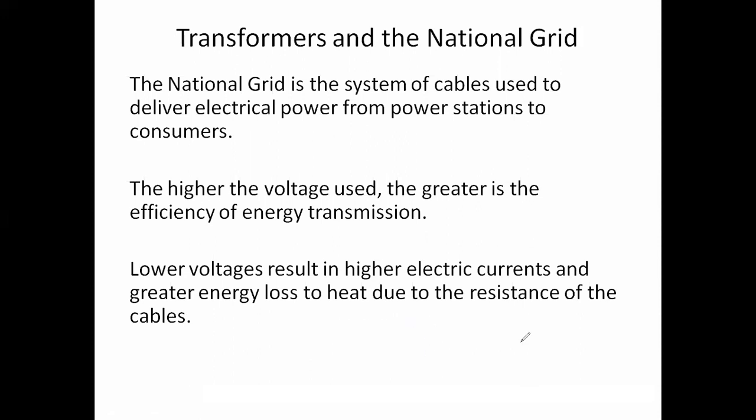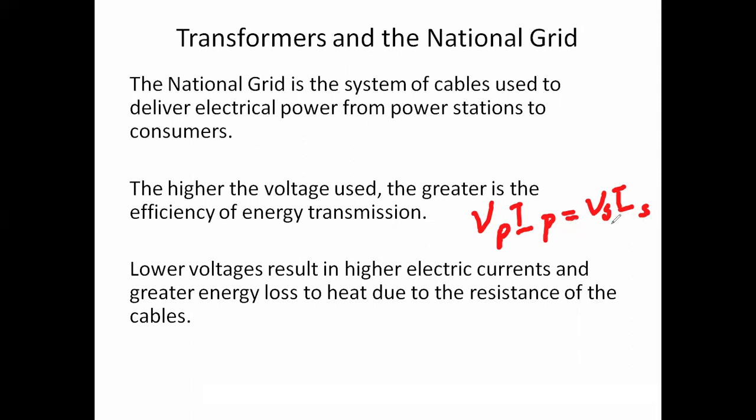I square R loss. Okay, Vp Ip is equal to Vs Is. If the transformer is not 100% efficient, we have to consider the efficiency formula. According to that efficiency, we can calculate the output.